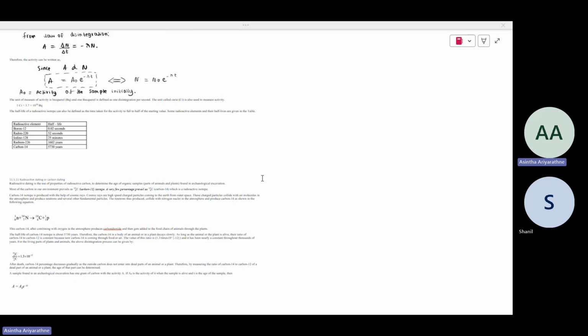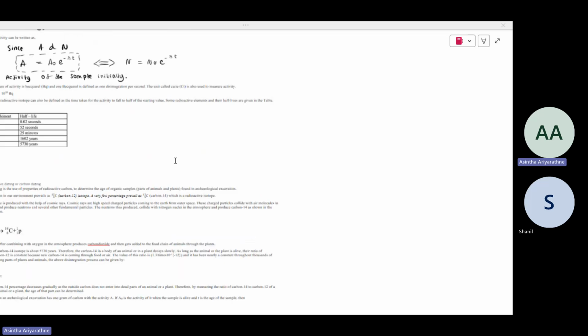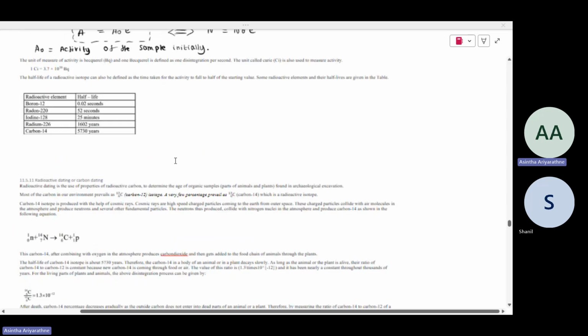So how do they do that? They find a bone and they approximate the age of that. It is related to this radioactivity.